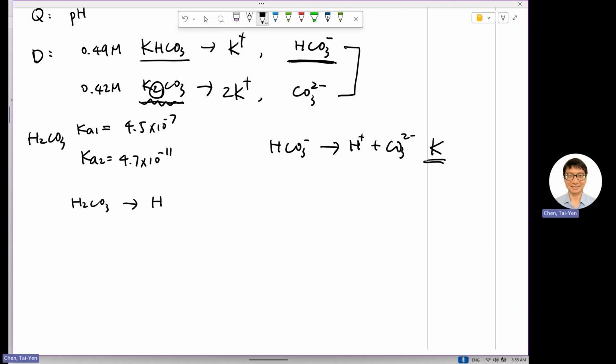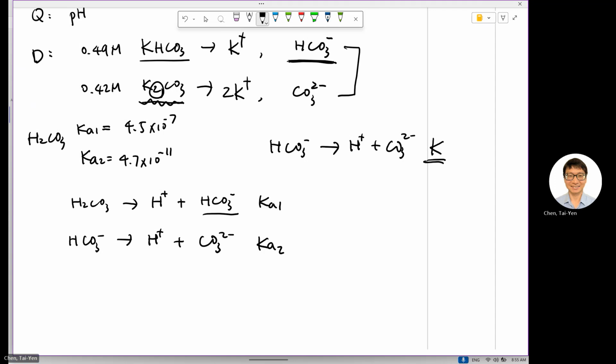You give out one proton and now you have HCO3 minus. That's your Ka1, right? It means the first proton dissociation. This guy can do it again, and this we call Ka2.